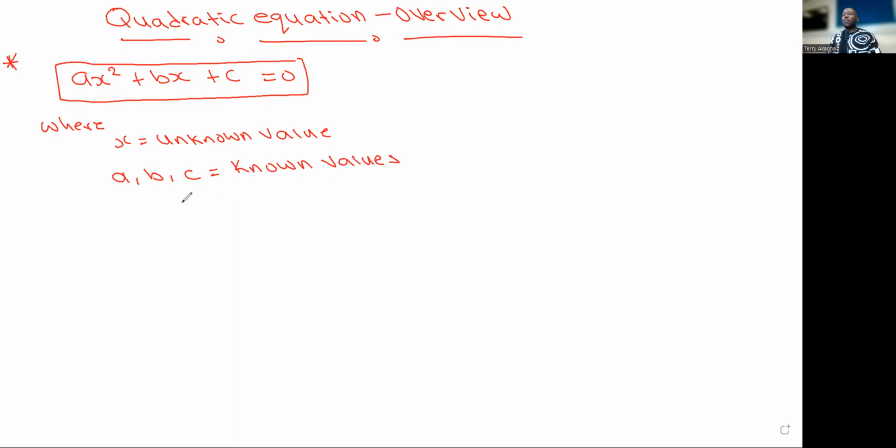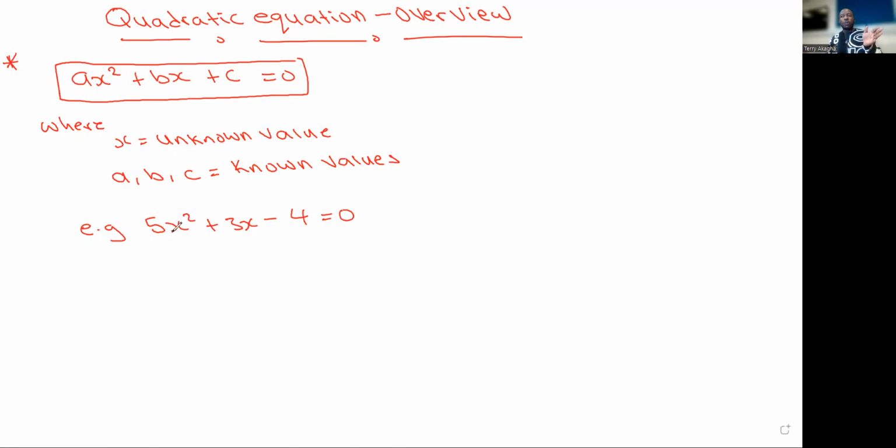So for example, if we have something like 5x squared plus 3x minus 4 equal to 0, this is a quadratic equation. As you can see, a is 5, b is 3, and c is minus 4. But one thing you need to note is that a can never be 0, because when a is 0, it's now a linear equation.